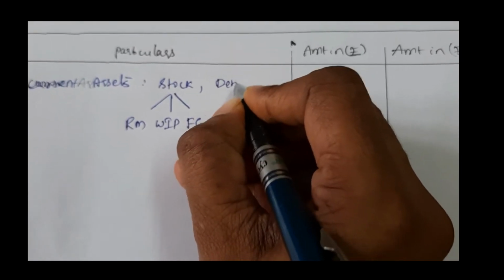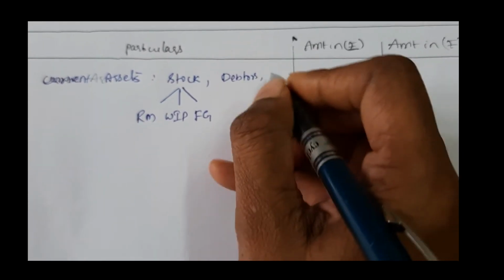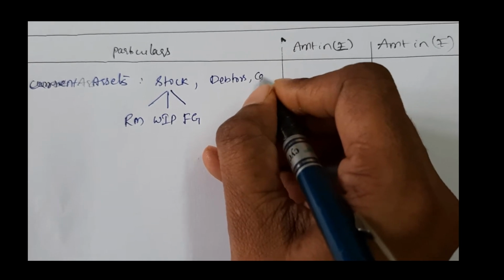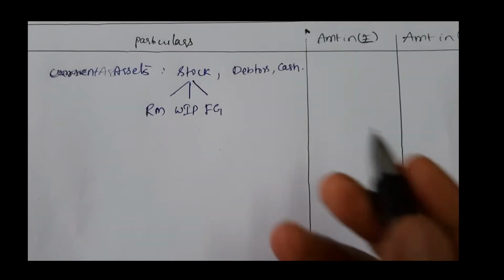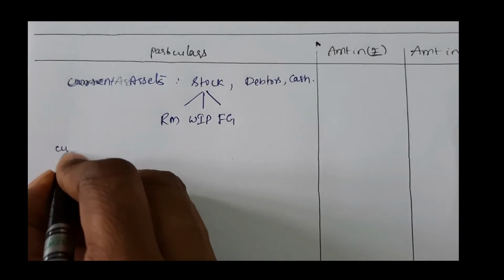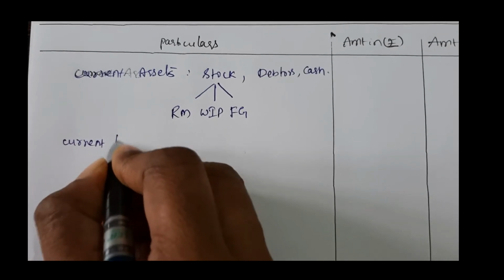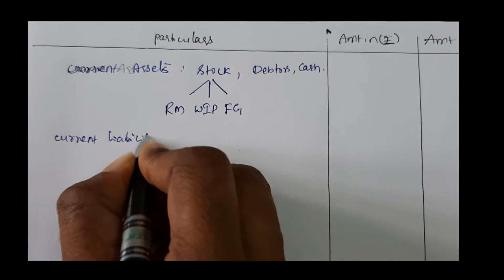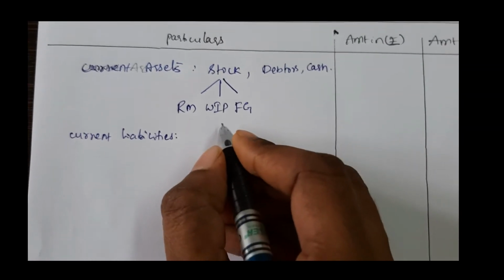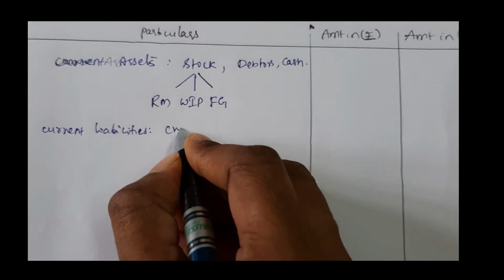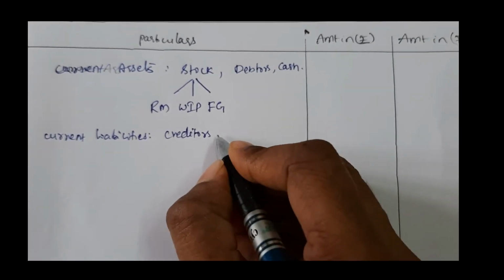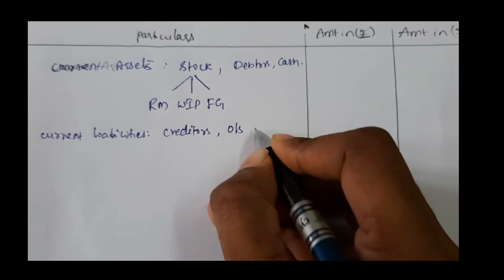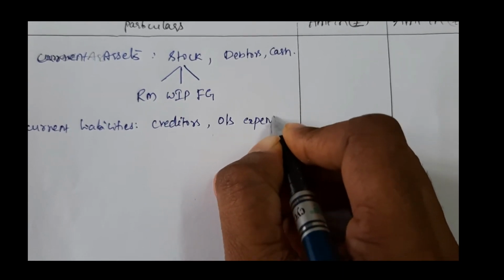Then debtors and cash and bank in hand. Current liabilities components include creditors and any outstanding expenses.